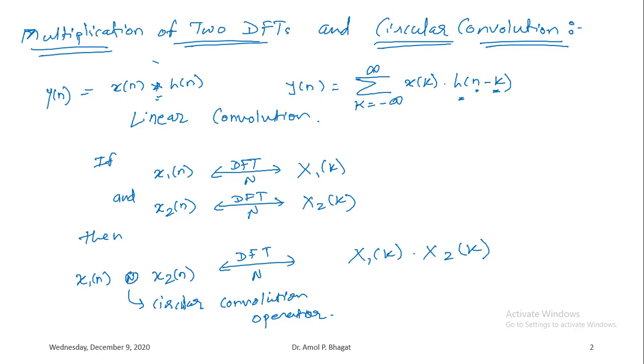So basically this is nothing but the multiplication of two DFTs, which is also referred to as the circular convolution property, right? If we are interested in identifying the circular convolution of these two sequences, here I will write down this circular convolution property.